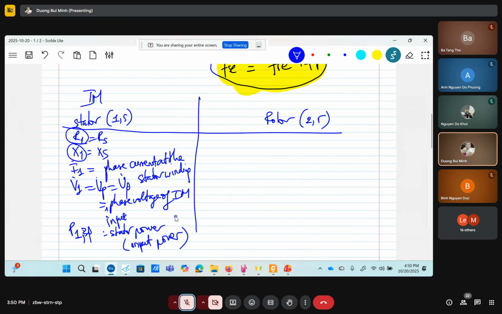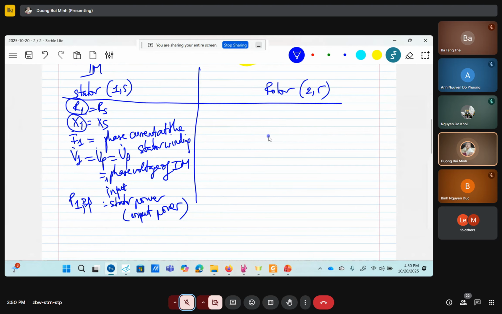For the rotor, we have subscript 2 or R, and normally we use R. So we have RR, the rotor resistance, XR, the rotor reactance, and IR, the rotor current.